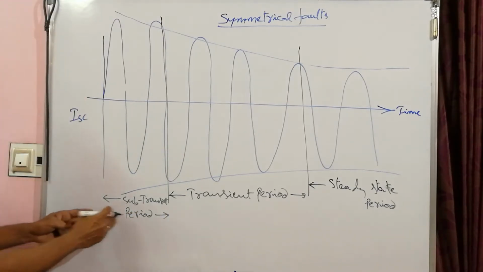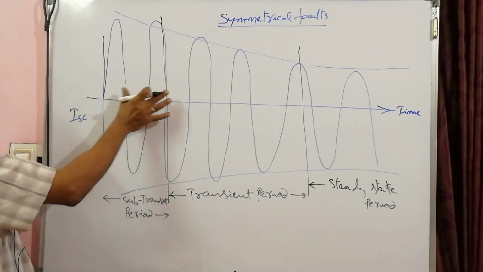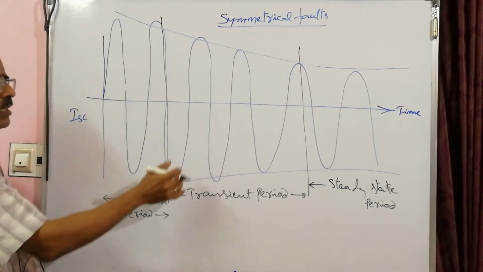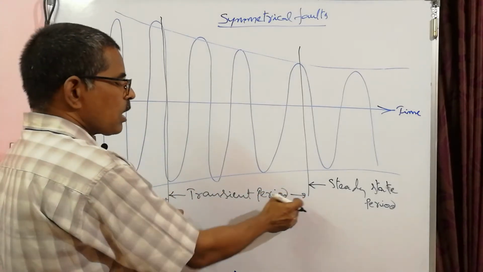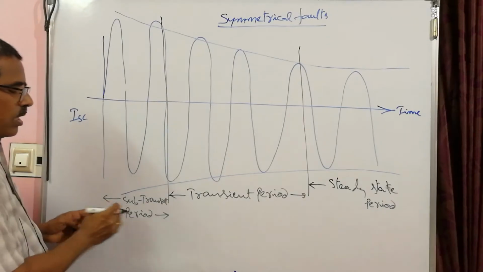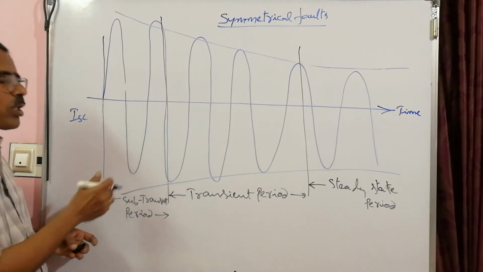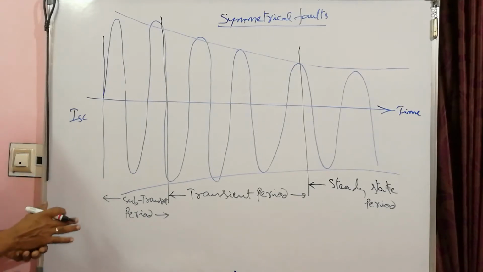So, the duration of the subtransient period is about 2 to 3 cycles only, whereas the transient period is comfortable to analyze, whereas here it is a very short time and hence the analysis during the subtransient period is very tough.